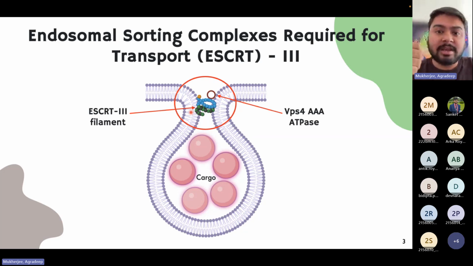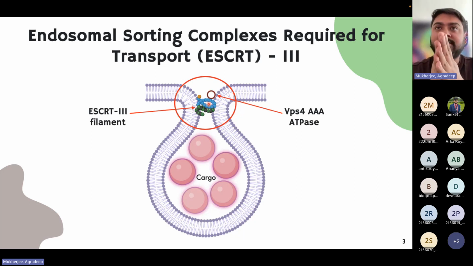But the most important and exciting thing about ESCRTs is that usually, if you want to constrict something, let's say a mitochondria, which uses dynamin-related proteins, if this is, let's say, my wrist as a mitochondria, the proteins will just sit on the outer surface and constrict it. But ESCRTs can do it from the inside. That was the exciting part. And ESCRTs are highly conserved, so they can be found in archaea and bacteria and even you and me and all the different mammals.